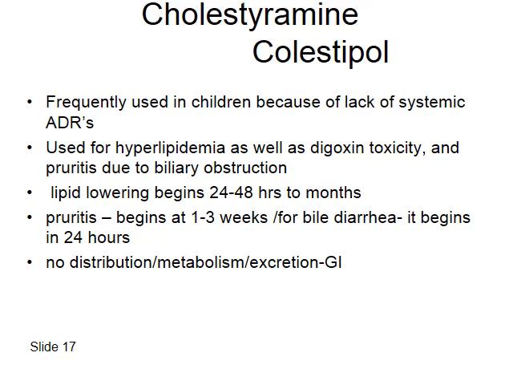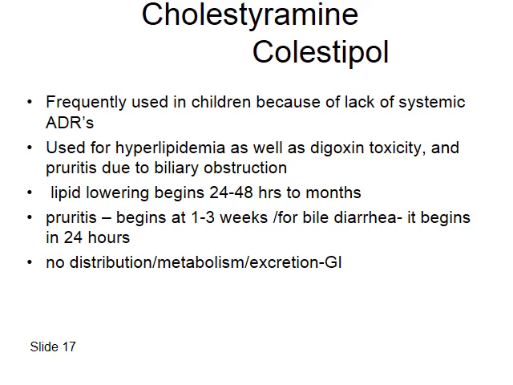Now, for people with cholestatic pruritus, it's going to take about 1 to 3 weeks to see improvement, as opposed to people that have bile diarrhea. It's going to begin in about 24 hours.